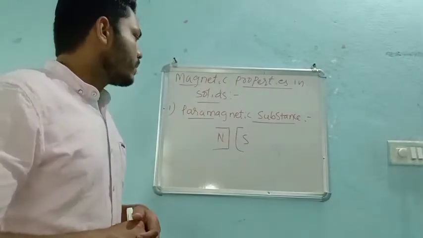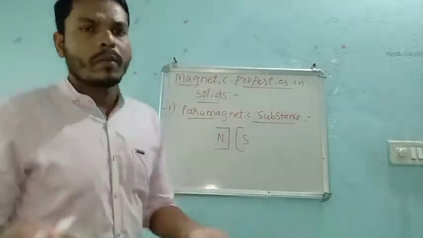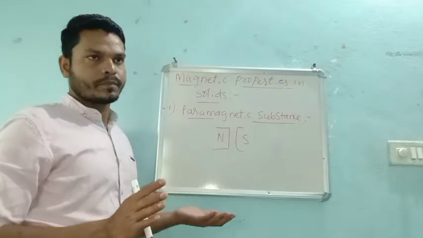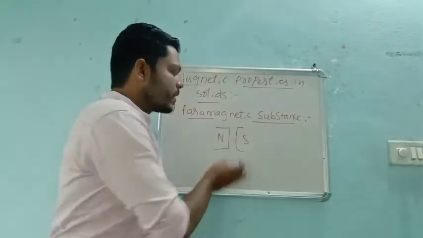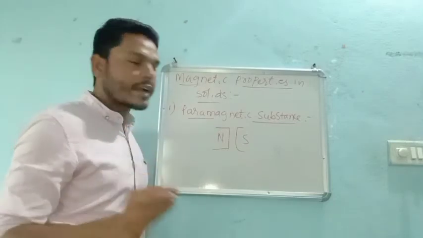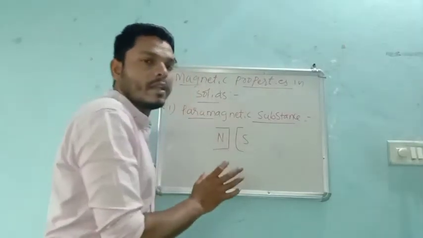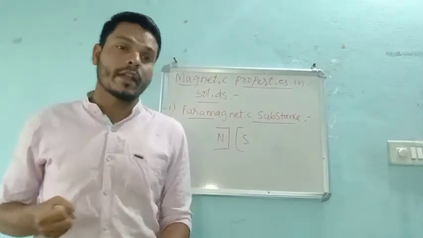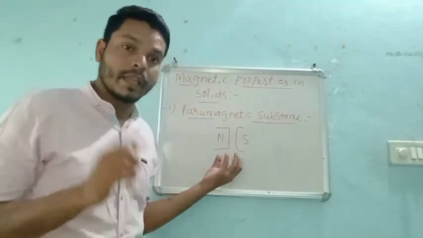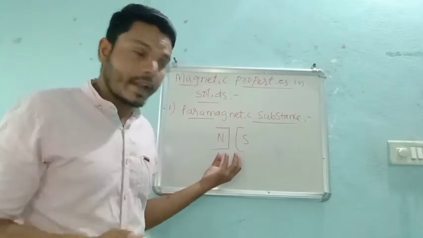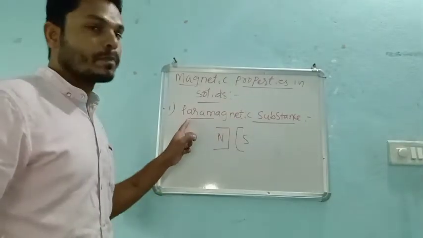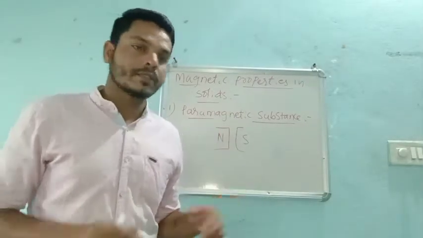Whenever we bring any substance, we don't know about the substance, towards the magnetic field, if they are weakly attracted by the magnetic field, weakly, that means not strongly attracted, very important, then such substances are called paramagnetic substances.